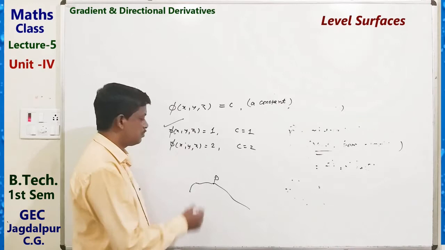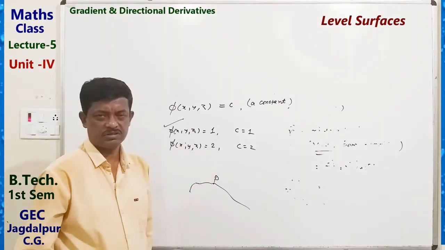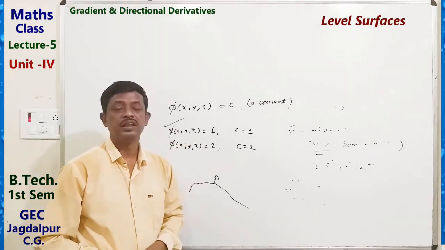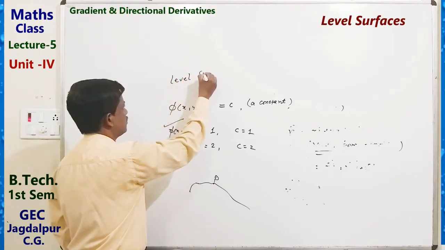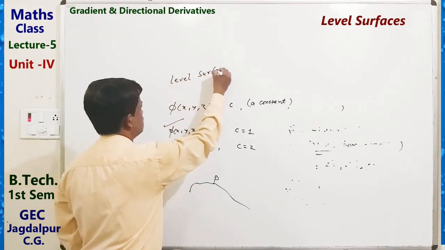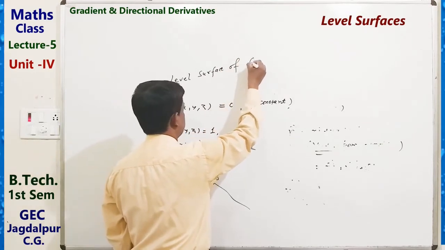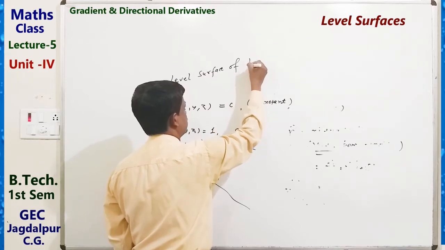Similarly, on another surface the value of the function is 2 always. So this type of surface is called a level surface of phi.